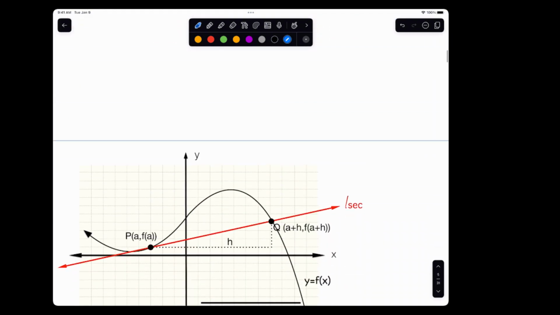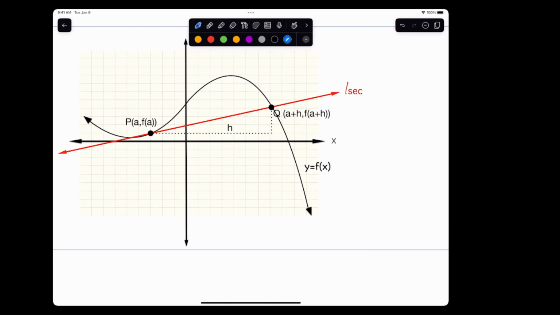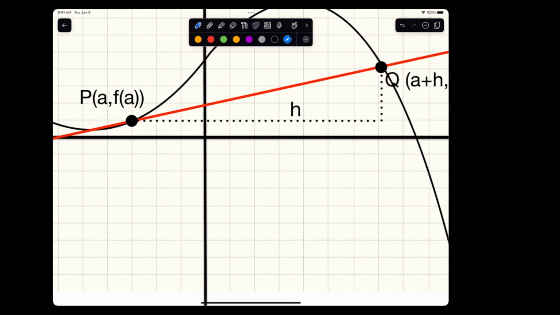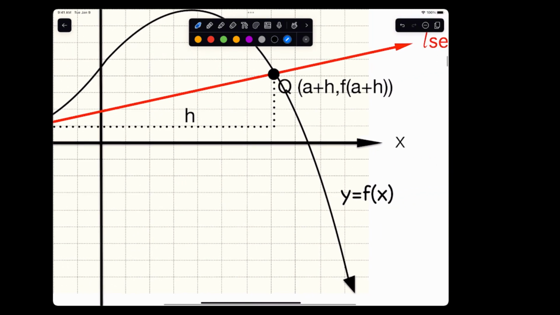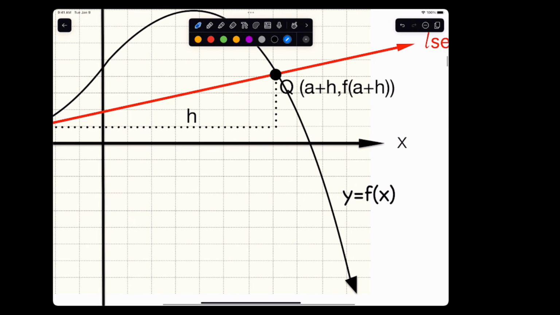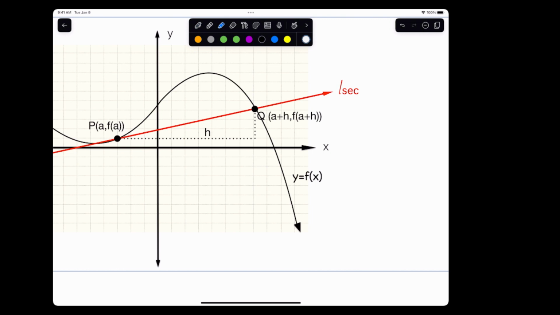Now, here's what I'm going to do. I'm going to change it even further. You go, what do you mean? Well, A, F of A, and then what's this? You go, how did you get A plus H and F of A plus H? Well, here's what we did. Notice what H is. H, ladies and gentlemen, is found this way.